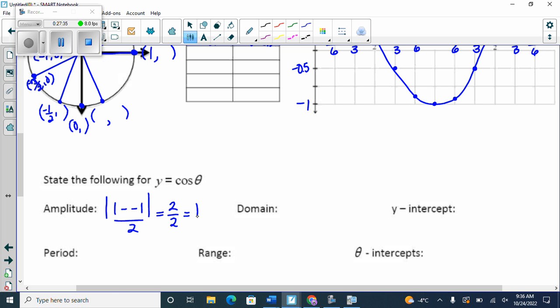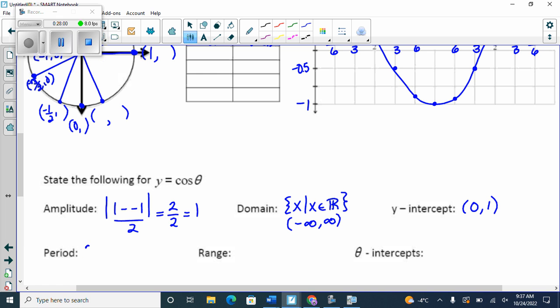Domain doesn't change, right? What's the only thing that's different on this one? There's 2 things that are different, actually. Yeah, and the theta intercepts, the x-intercepts. The y-intercept of this one is at 0, 1. Not 0, 0.